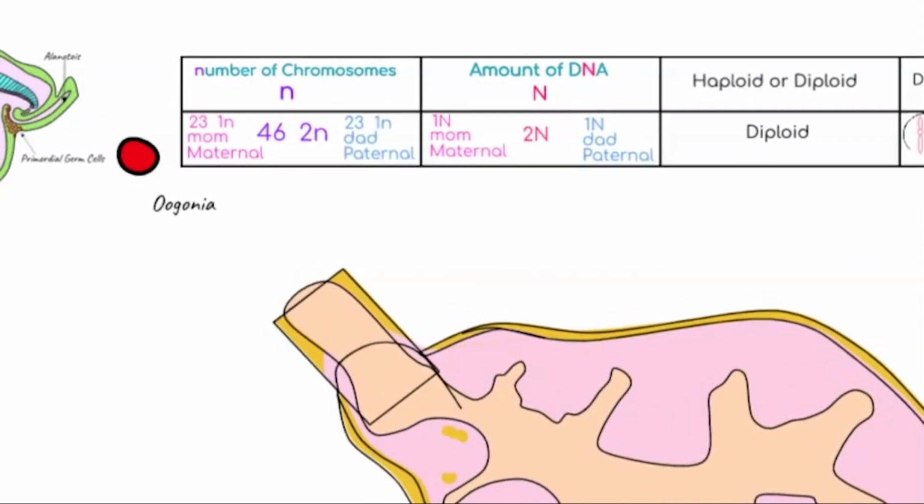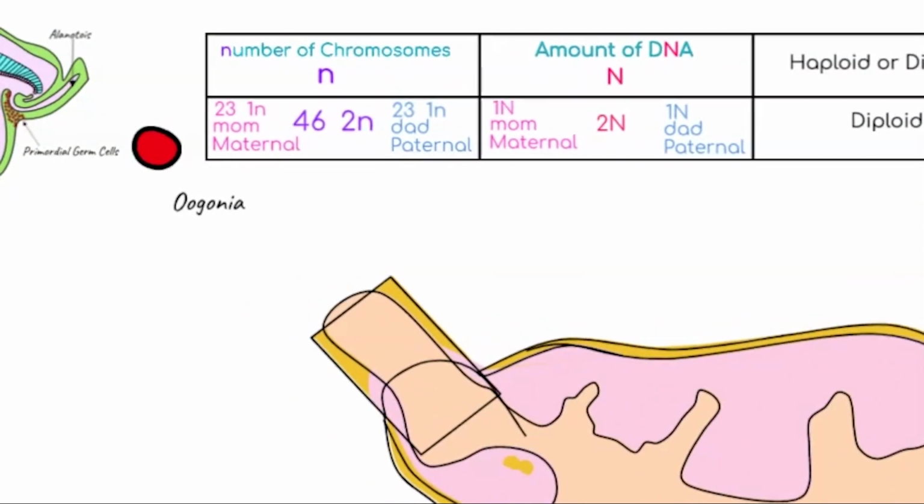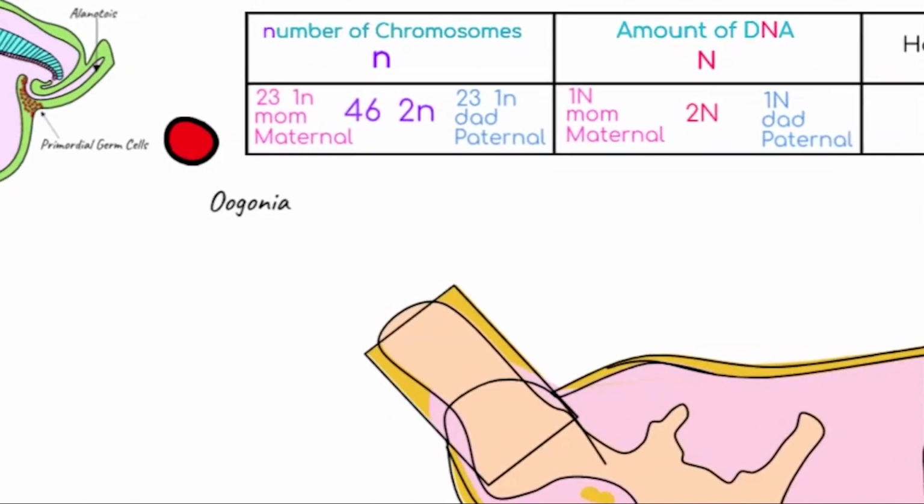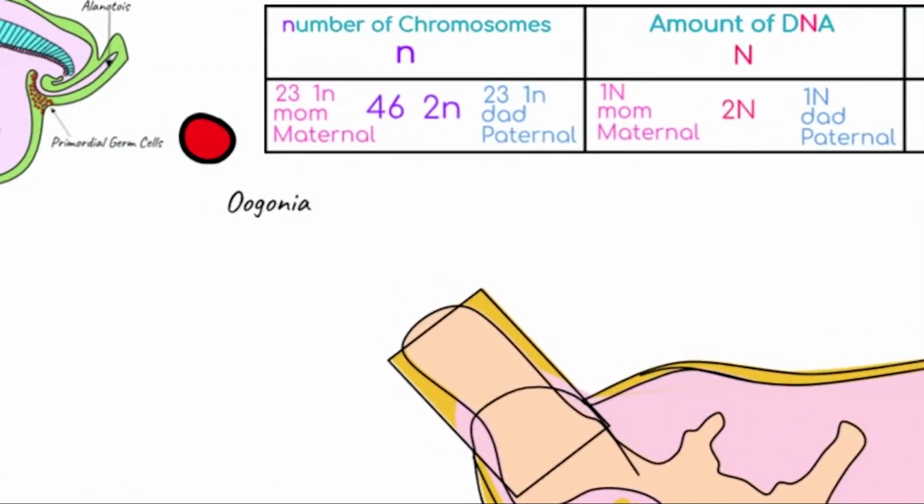Oogonia. Because these oogonia are produced as a result of mitotic division of the primordial germ cells, the number of chromosomes and the amount of DNA is the same as the primordial germ cells that we just talked about.